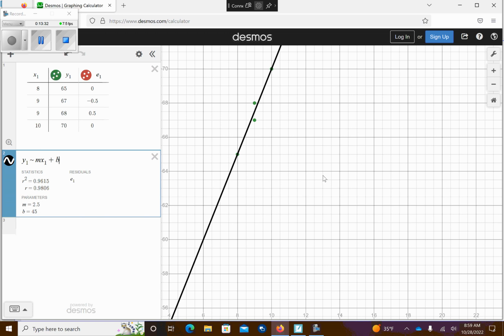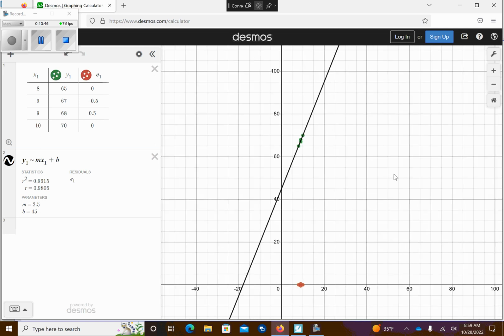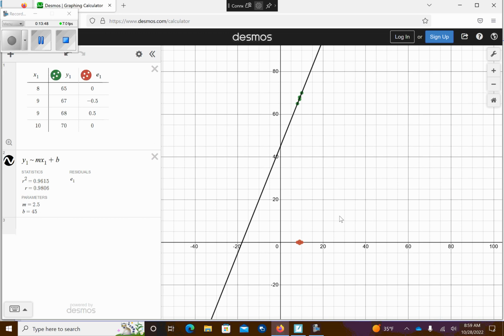Now notice with my residuals, I got an extra column. So where are my residuals? Well, they're way down low. My residuals are this red blob down here.